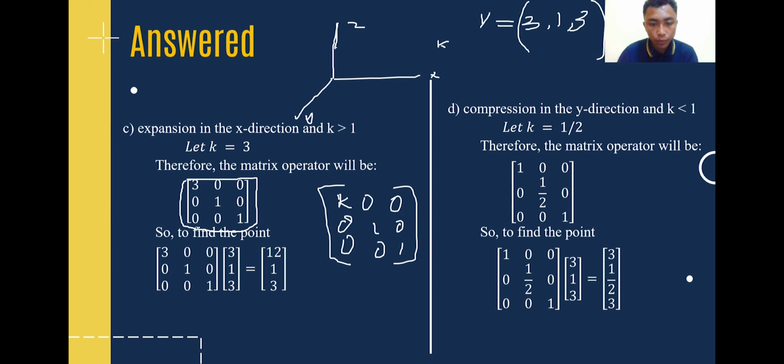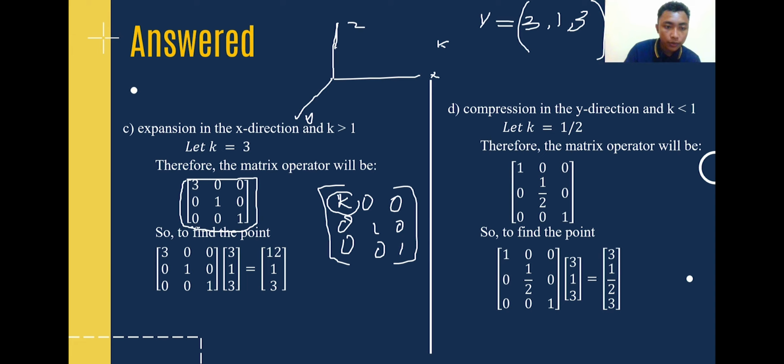This is the formula. Why is this 1, not 0? Because we need to keep the values of the coordinates in y and z the same, not changed. The coordinate will be changed just in the x-axis. So this is the k, and in this case the k is more than 1, and we choose the value k as 3, so we change the k to 3.